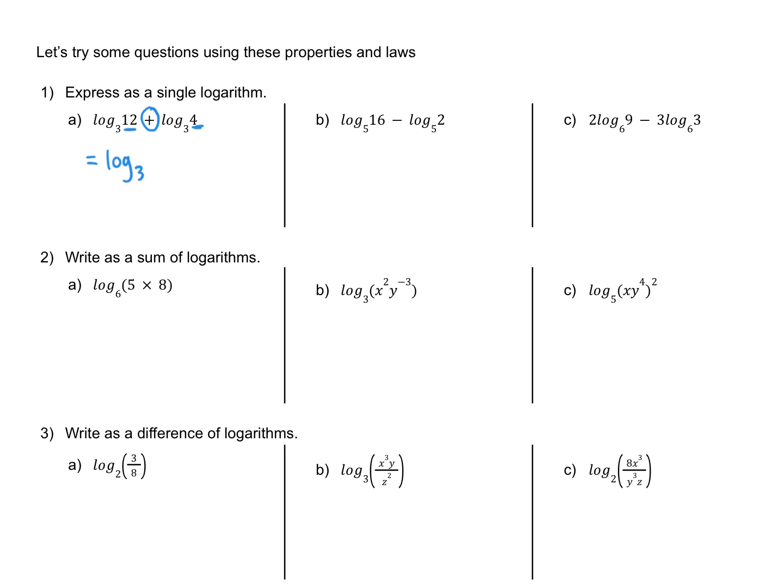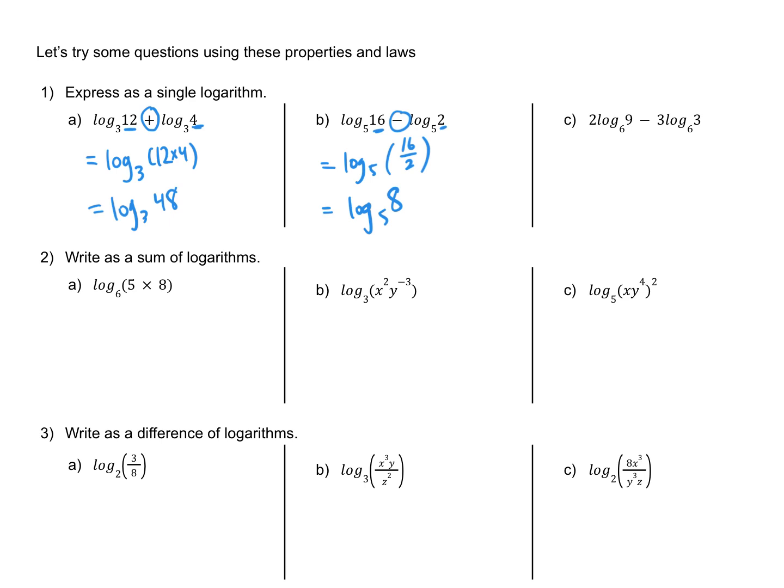So log base 3, and then I can multiply 12 times 4 to get log base 3 of 48. And there we are. For the next one, I have subtraction with the same base of 5, which means I'm going to divide 16 and 2. And 16 divided by 2 is 8. So we actually have log 8 with a base of 5.